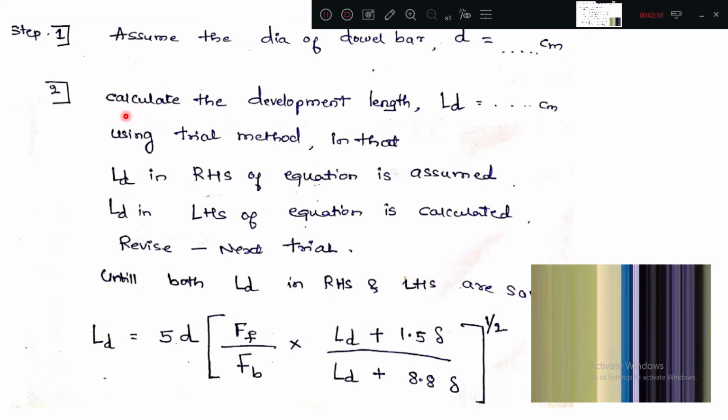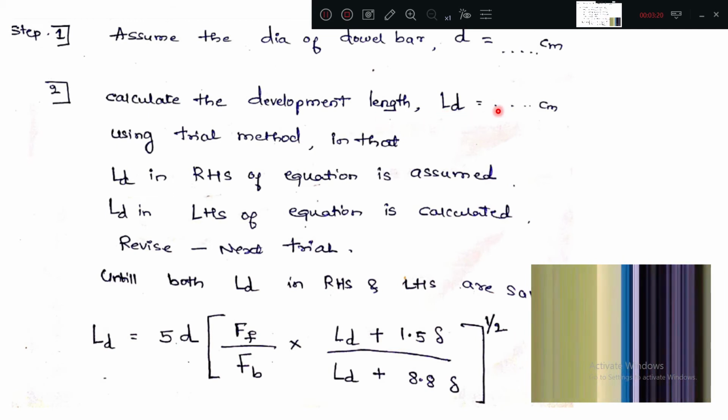The second step is to calculate the development length LD of one bar. Development length means the length excluding the joint, just the dowel bar length. There are two lengths, one is the total length, another is the development length.